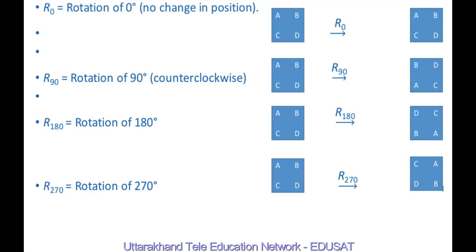So after rotation, we see that the position of the corners is changed, but the shape of the square, or the shape of any figure, is the same. The shape doesn't change, only the position of the corners is changed.